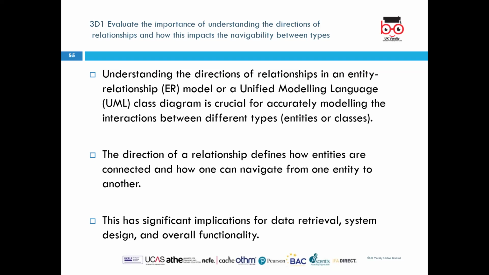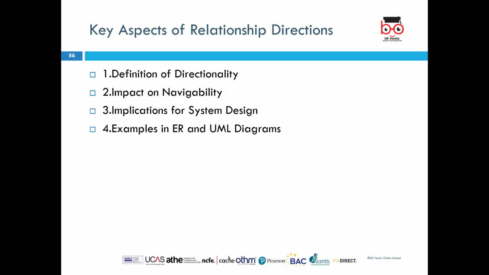By having the direction of a relationship well defined on how entities are connected and how they navigate between each other, we are going to significantly impact how data is retrieved in our system design and have an overall better understanding of our functionalities.